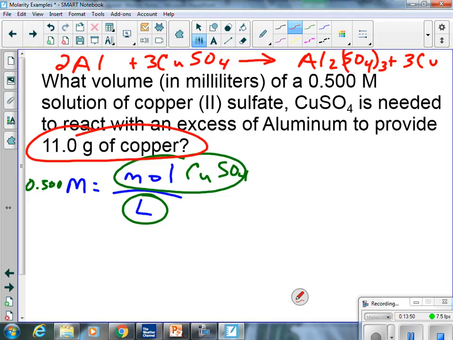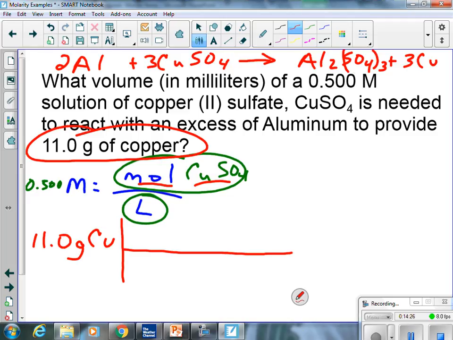So now what I need to do is go from 11.0 grams of copper, and take that into moles of copper 2 sulfate. So I'm going to use some stoichiometry here. Thank goodness I remember stoichiometry. I'm going to do a flux capacitor move to get copper into moles.